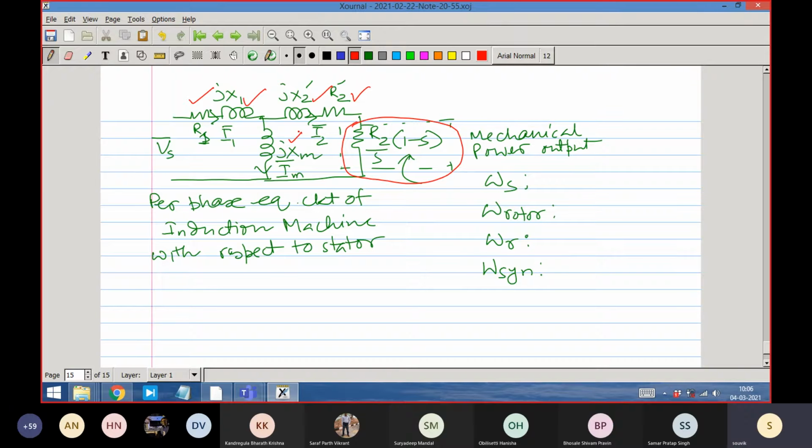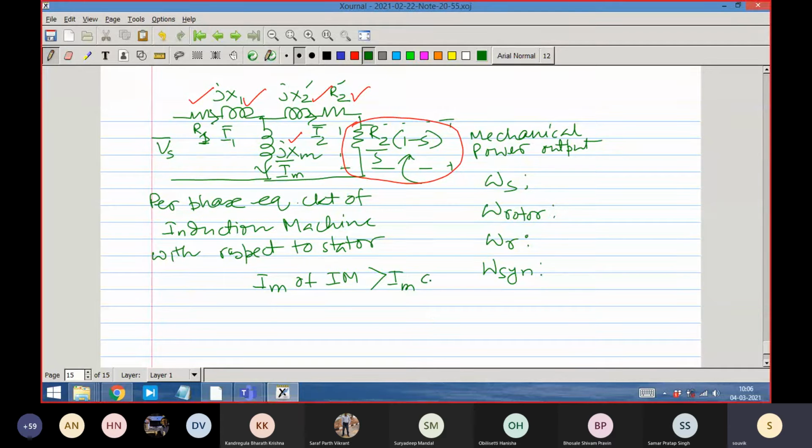So that current is Im, and you may note, if some of you remember, that magnetizing current is also a part of the equivalent circuit of the transformer, but the magnetizing current of an induction machine is greater than the magnetizing current of a transformer for the same kind of voltage.